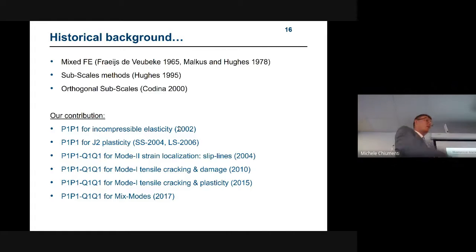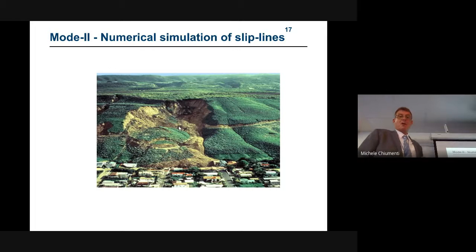And we accommodate the stabilization using the same idea presented here in these first original papers. So now I will show you what happens if you want to play with mode 2 analysis, so you want to see something like this, and then what happens if you want to tackle mode 1. Okay?